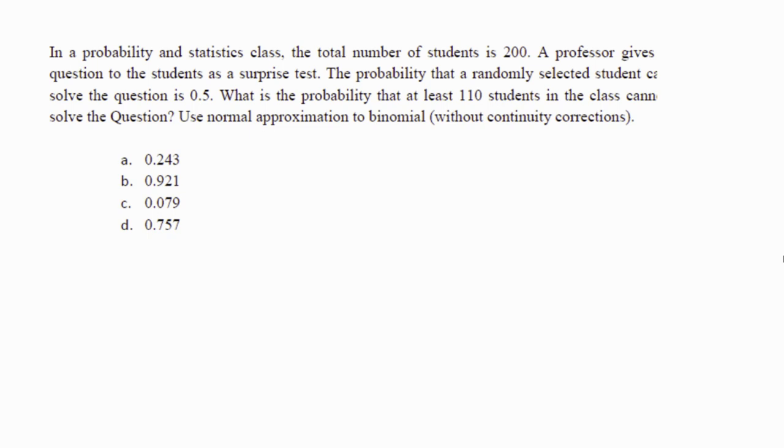So the total number of students is 200. The probability that a student can solve the question, P, is 0.5. Q will be 0.5 also.